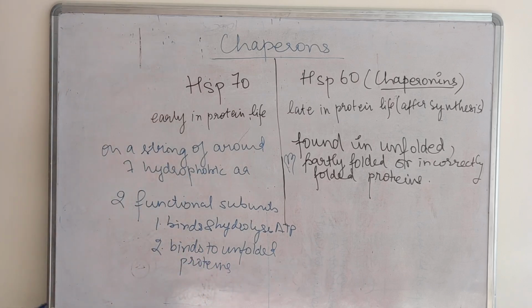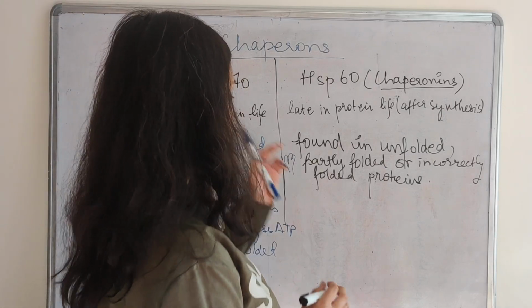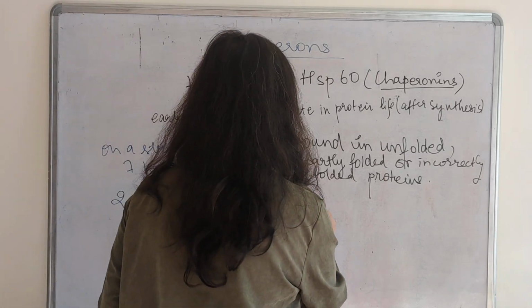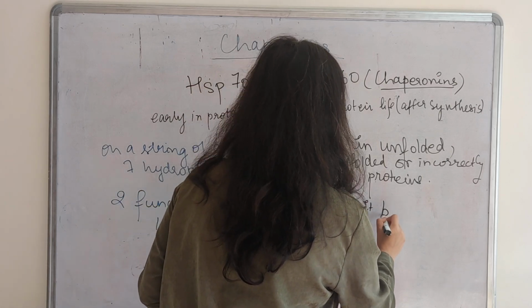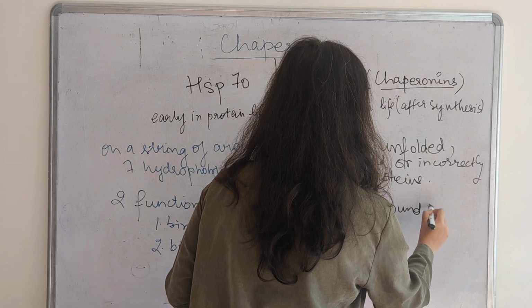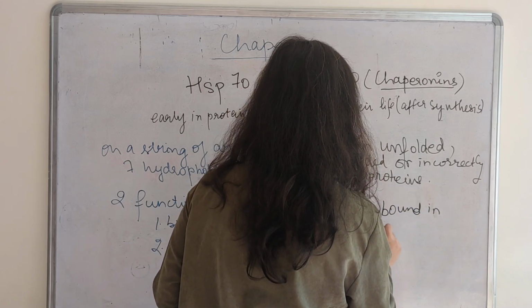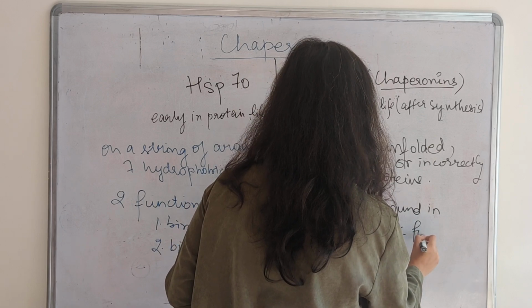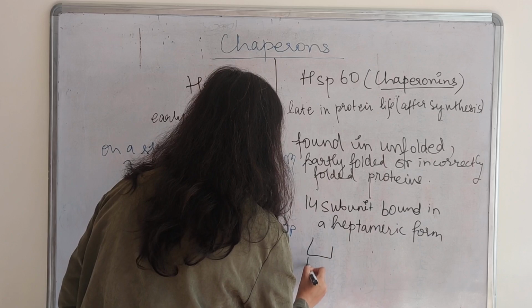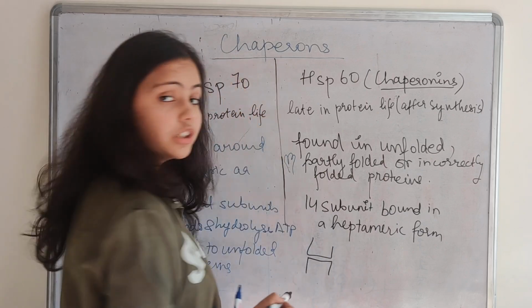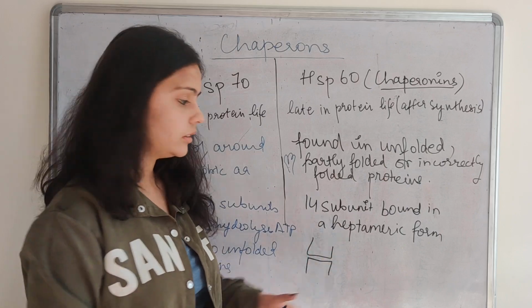And the HSP60 family, or the chaperonins, have 14 subunits bound in a heptameric form. That is 7 like this and 7 like this in inverse form. Like this, they form a cavity.